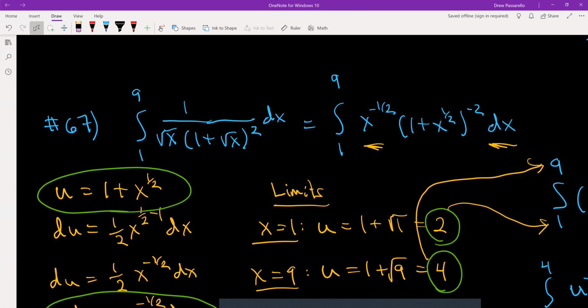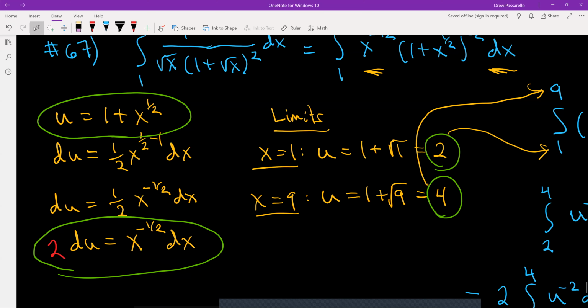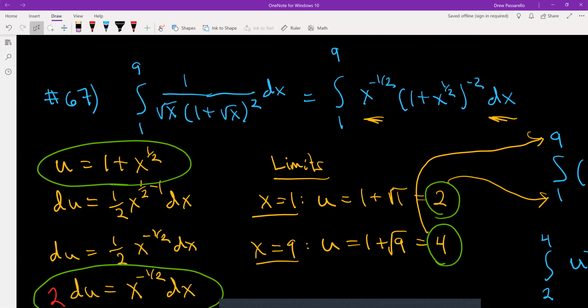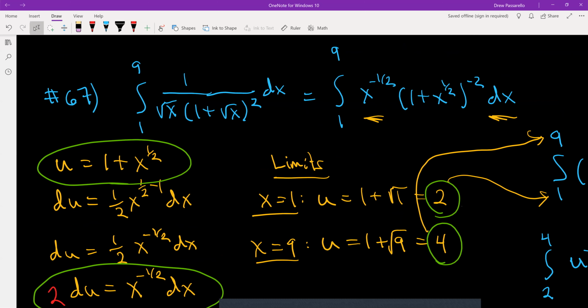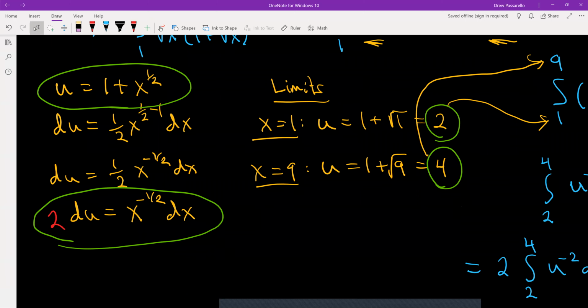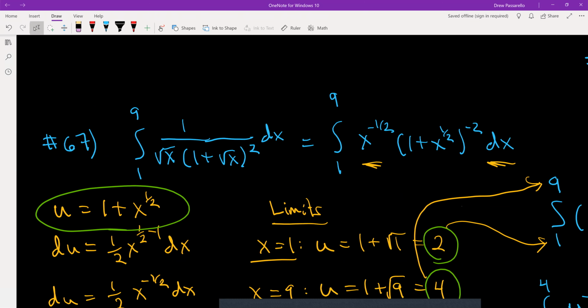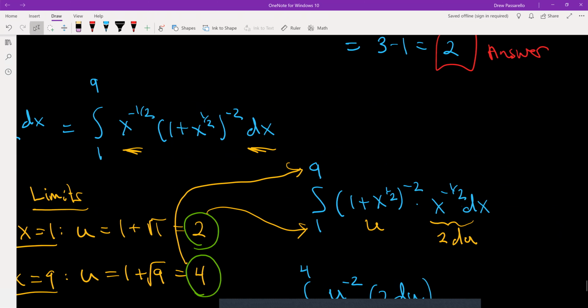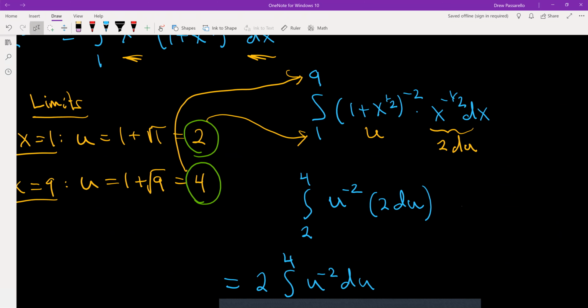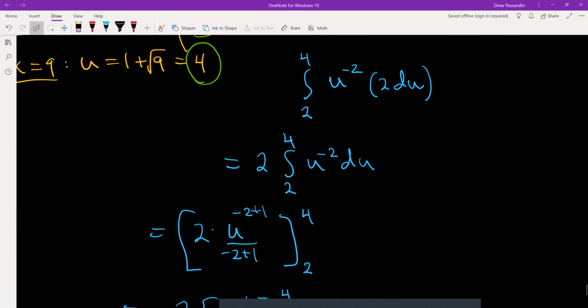Taking the derivative of that gives me 1/2 x to the negative 1/2. The x to the negative 1/2 is the same as 1 over square root of x. That's why I wrote it as x to the negative 1/2, because when I substitute, I can plug in 2 du for x to the negative 1/2 dx. And then I just change the limits and integrate it.